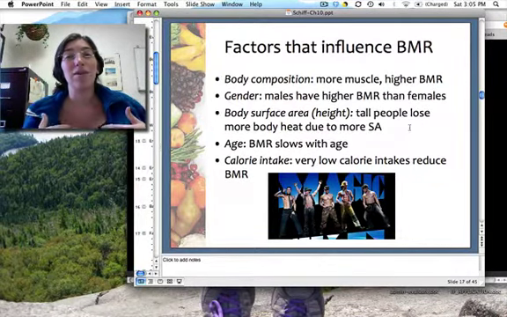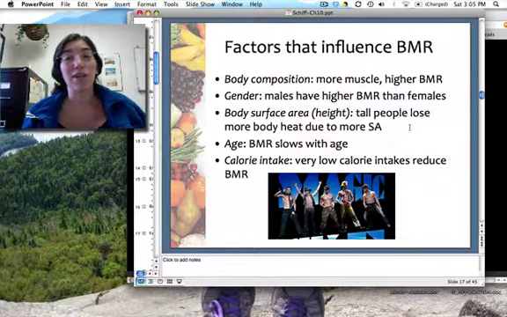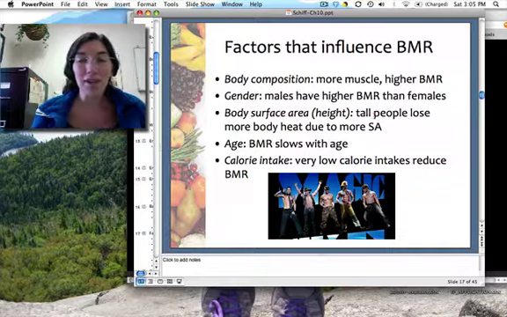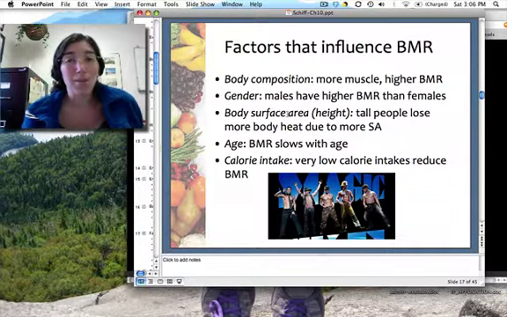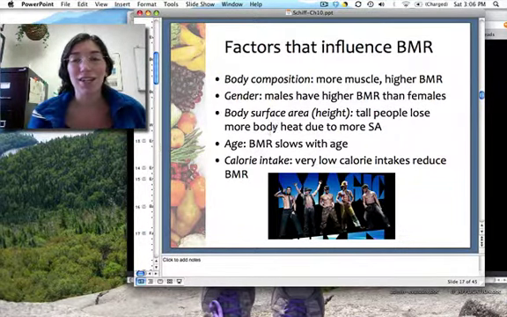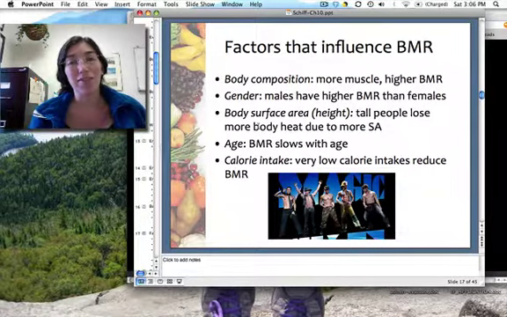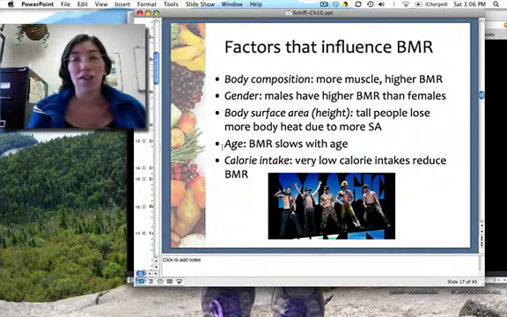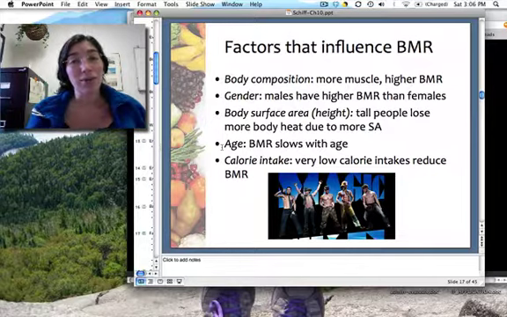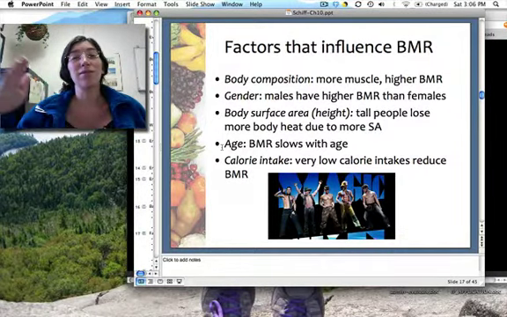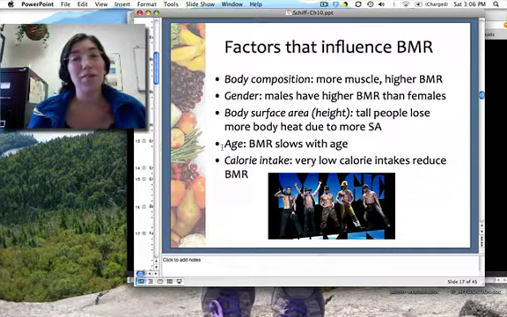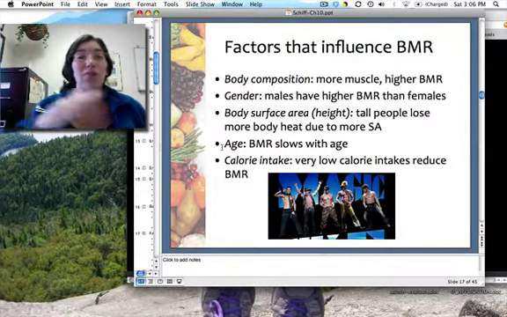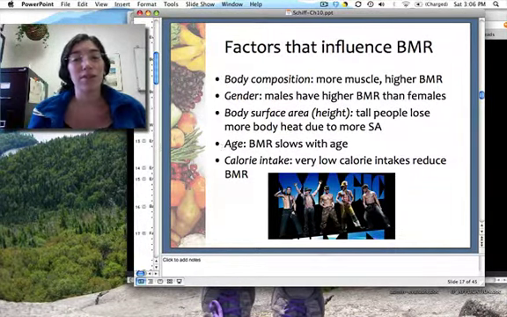So taller people have more surface area, they lose more heat, and therefore they need more energy to keep them warm, because they're losing heat. So tall people have a faster metabolism. Age affects your metabolism. As we get older, as we go from adults to elderly adults, your BMR slows down. Actually, even as you go from childhood to adulthood to elderly adulthood, your BMR slows. So it's another thing to take into consideration.